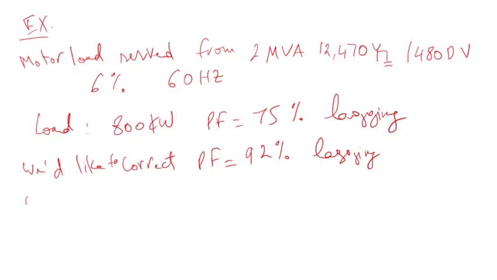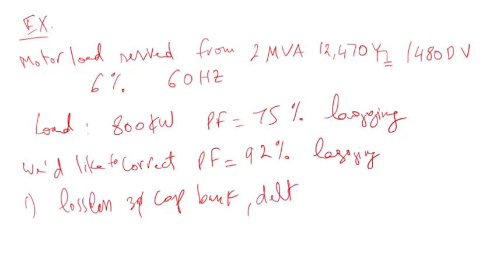So now, question 1: what is the size of a lossless three-phase cap bank connected in delta to reach a power factor of 92% lagging? So that's question 1.